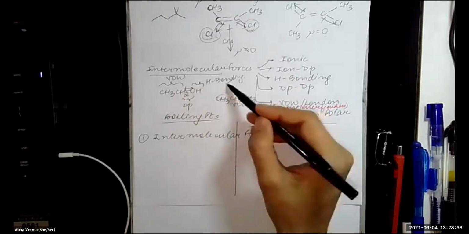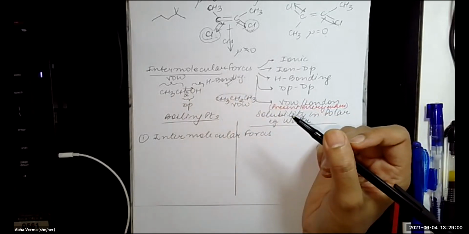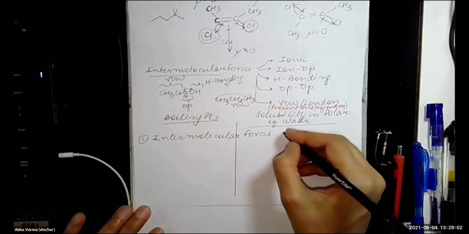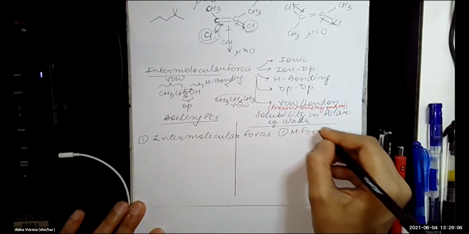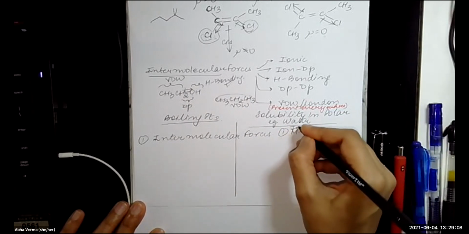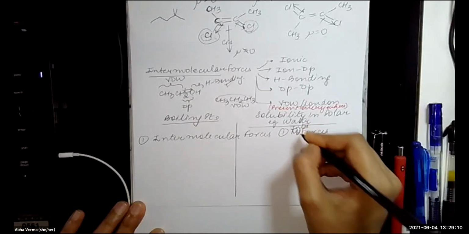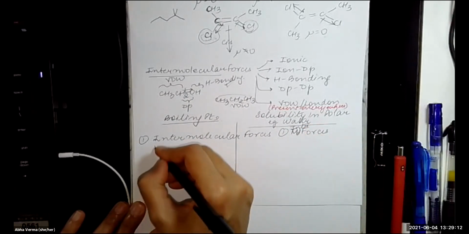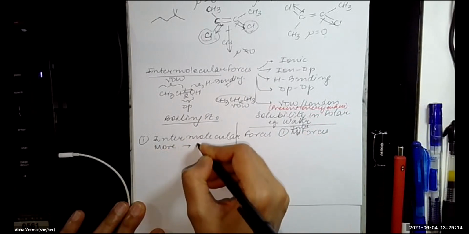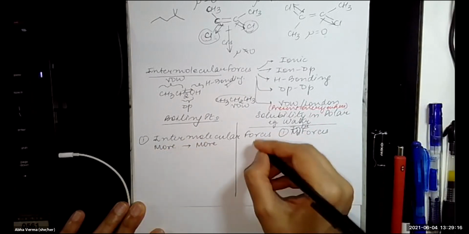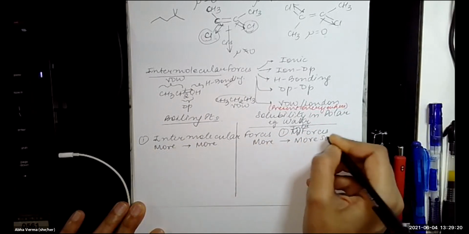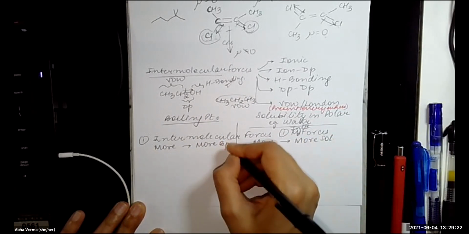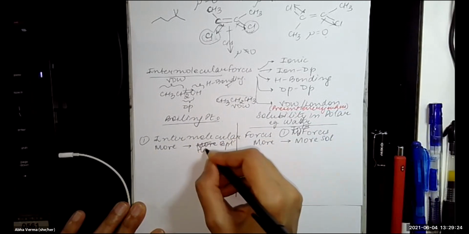The one which has more intermolecular force. Okay? So this is a common term, intermolecular forces. So more means more. Same here. More means more solubility. More means higher boiling point.